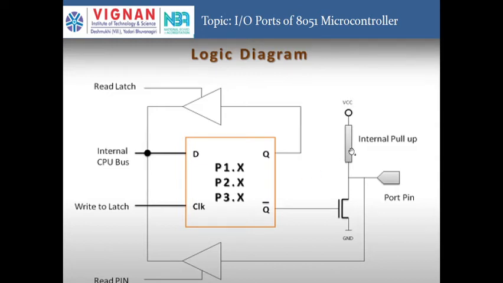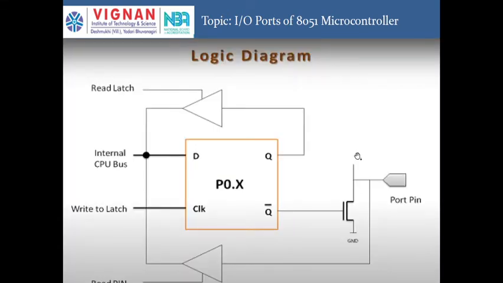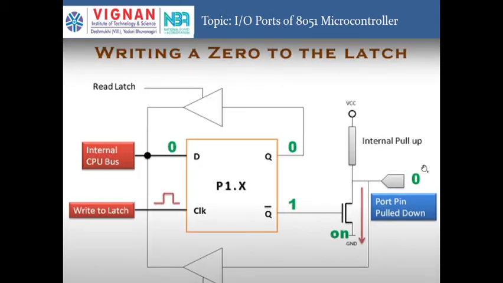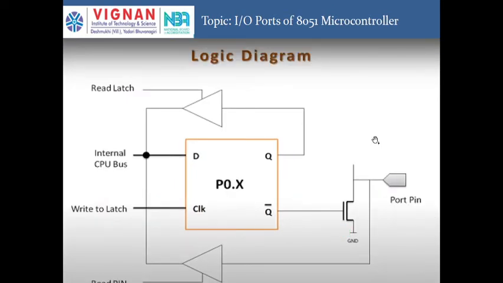Similarly, whenever we see port 1, port 2, port 3, we observe this logic diagram. It contains internal pull-up resistors, whereas port 0 does not contain any pull-up resistors. Therefore, whenever we use port 0, we have to use external pull-up resistors.